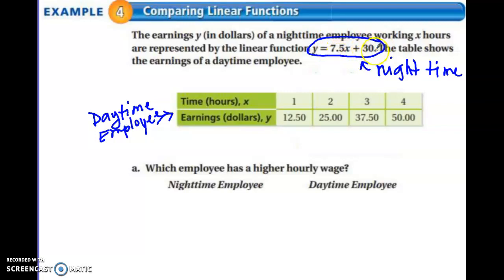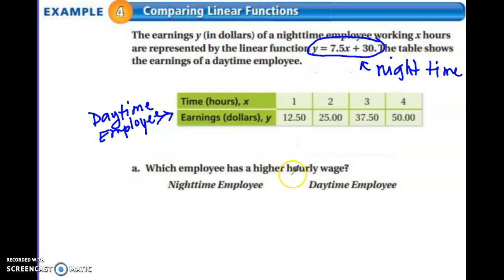And then your y-intercept here is always your one-time thing, right? So this nighttime employee makes $7.50 an hour plus some flat fee of $30. Who knows what's that for? Maybe just for showing up to work that day. Or it could be their bonus because they're willing to work a nighttime shift.